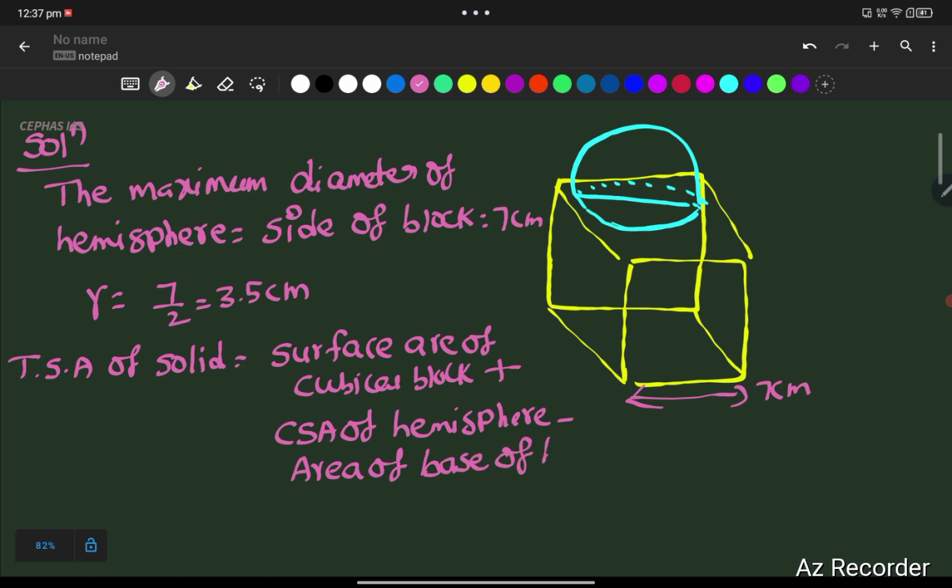Why are we subtracting this part? Because this area of the base of the hemisphere is calculated twice while we are calculating the surface area of the cubical block. That's why we are subtracting.